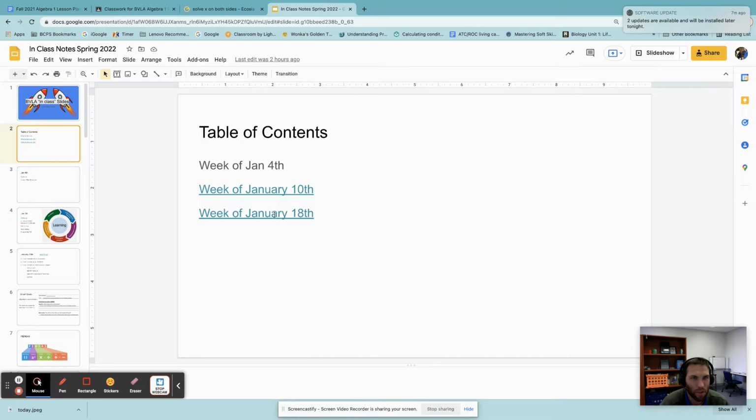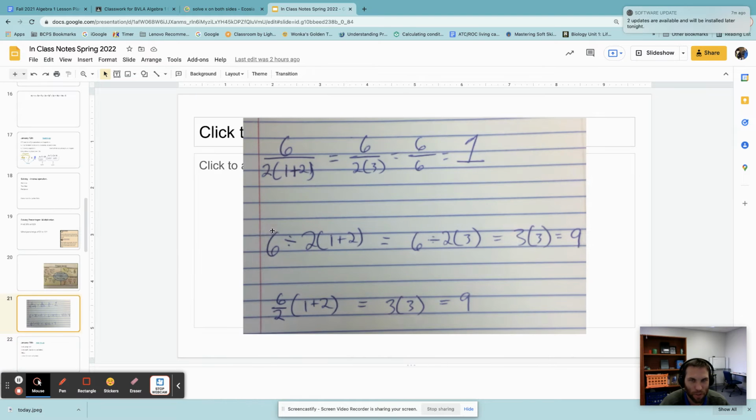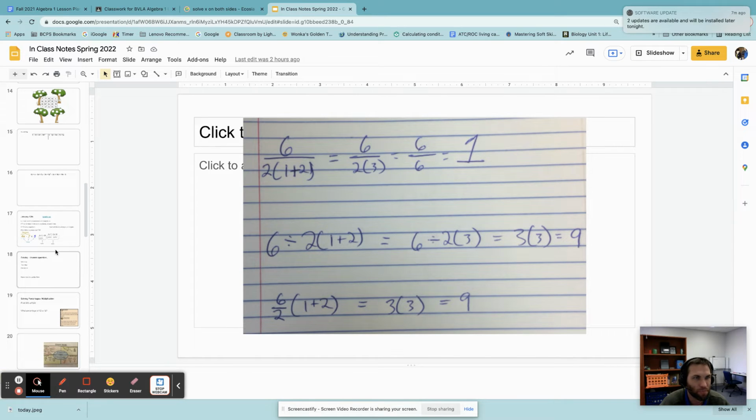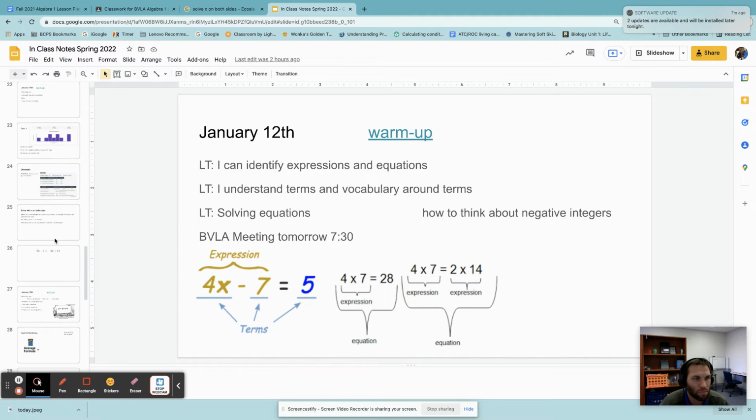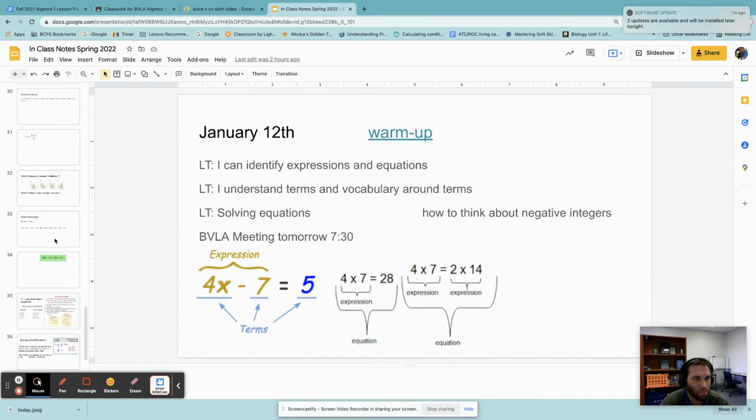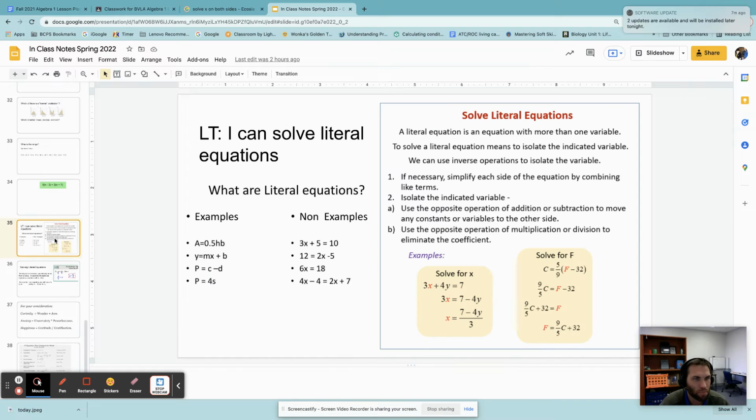All right, so let's talk about literal equations, okay? A literal equation, a lot of times you can think of it also as a formula. And we talked about in class the formula for finding the average or the mean of a set of numbers.